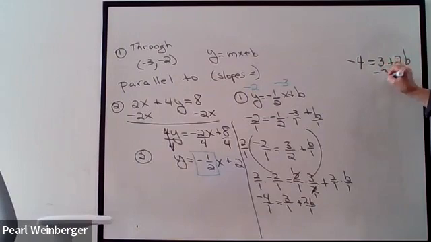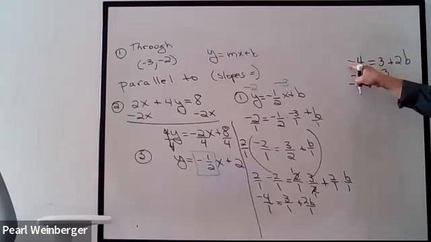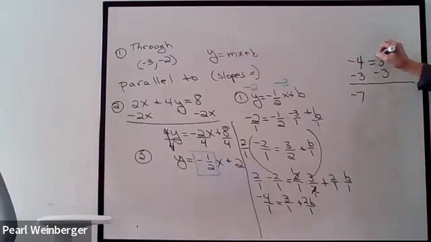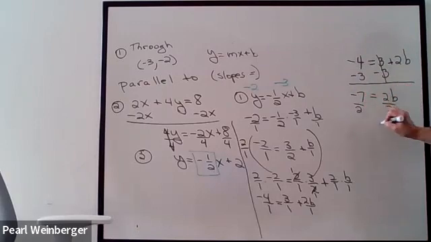Bring the 3 to the other side to solve this for the b. -4 and -3 together give us -7, I'm sorry, -4 plus -3 is -7, equals 2b. Divide by 2. So my b turns out to be -7 over 2.